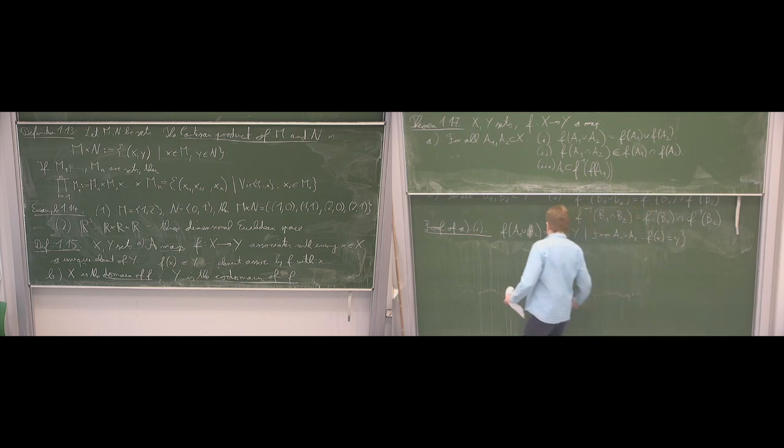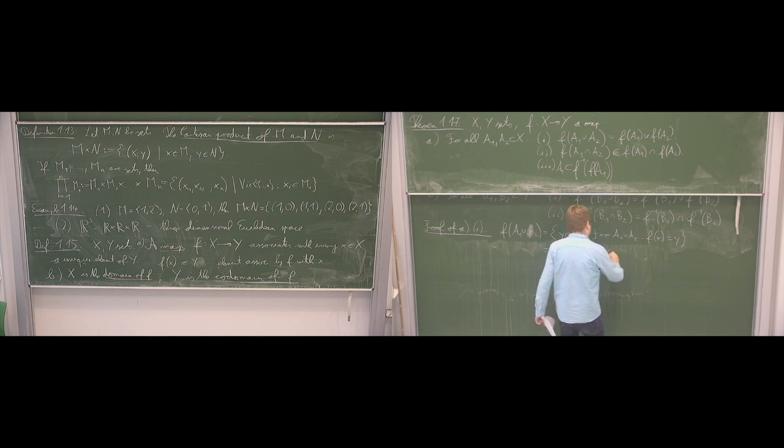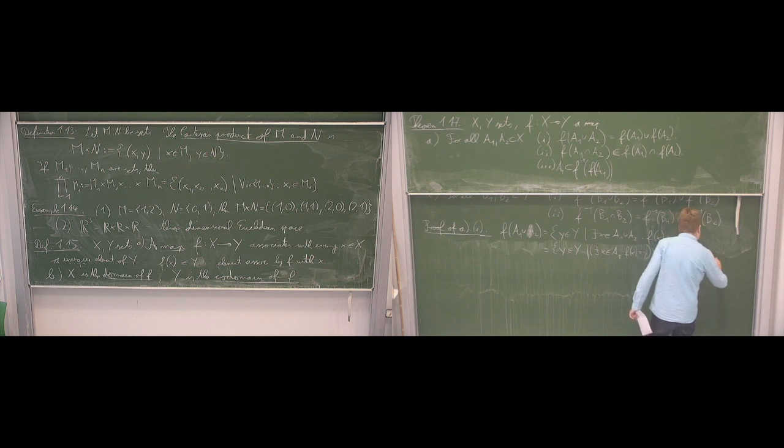What does this mean? Since this is the union, we can reformulate this in a very simple way: the set of all y in Y such that there exists an x in A1 such that f of x is equal to y, or, logical or, there is an x in A2 such that f of x is equal to y.